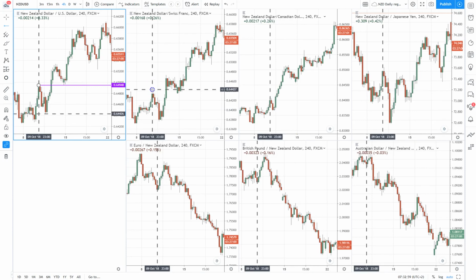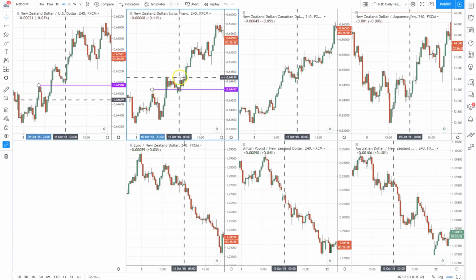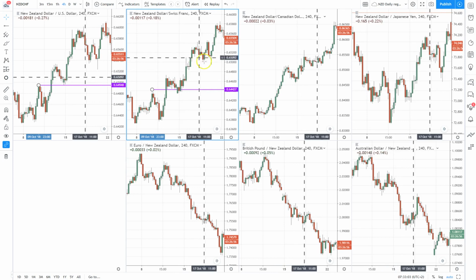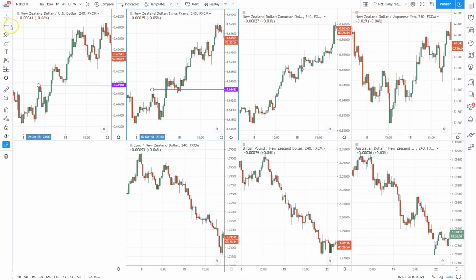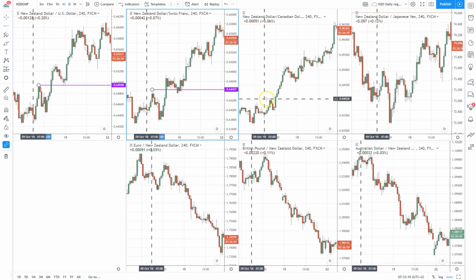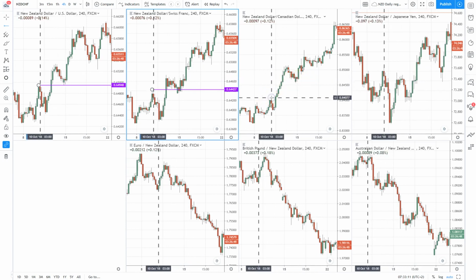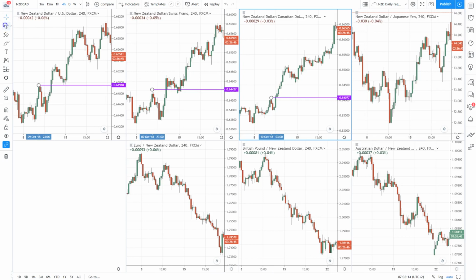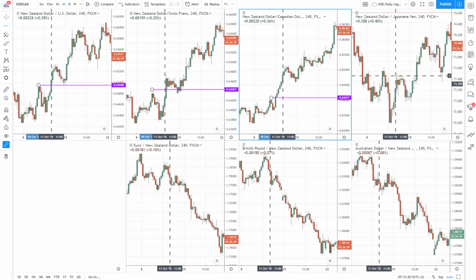Let's see, here we go, that should be the same one. Next one, New Zealand CAD, that would be around here. Just to confirm that on all of these we are in an actual New Zealand strength trend.